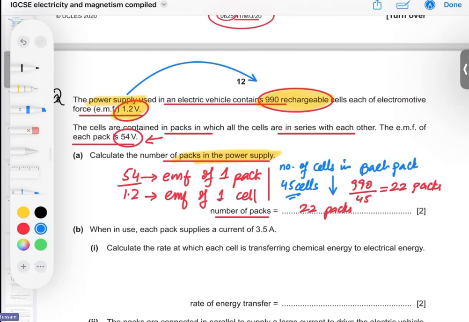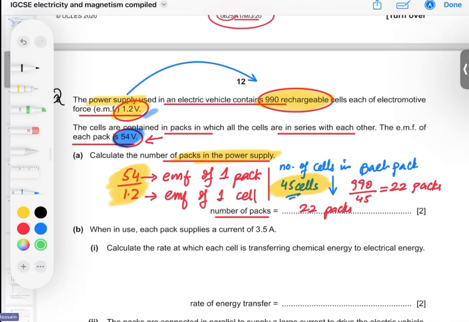I know the EMF of one pack is 54, so 54 divided by 1.2 gives the number of cells in one pack, which is 45.